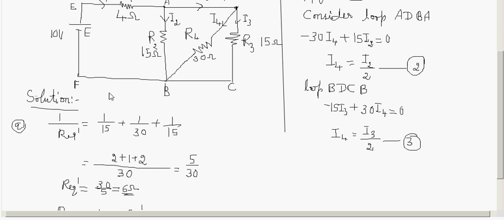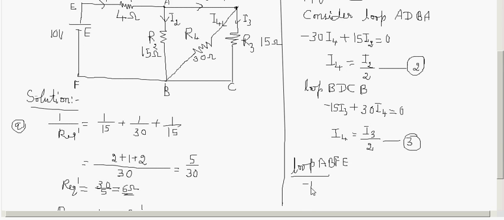Now consider loop A, B, F, E. Here we have minus 4 I1. We have 4 ohm, 15 ohm, 10 volt.